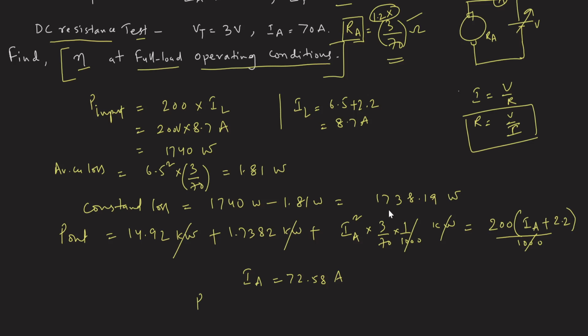Power input equals 200 into 82.58 plus 2.2 in watts. How much is this value? Sir, IA 82? Yes, sir. So 82.58 plus 2.2 amps, multiplied by 200 gives me the power input.